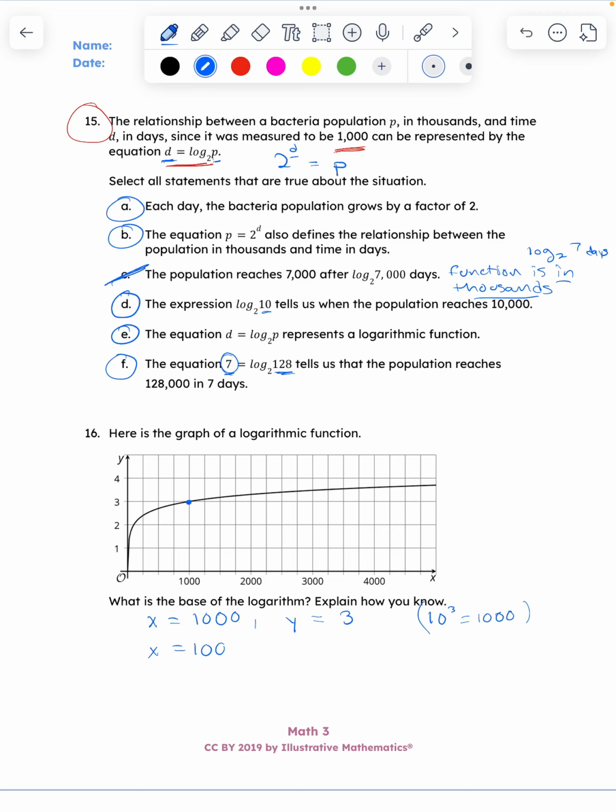So x is 100, so this is 2, 4, 6. Ooh, it's going to be even harder to see, because this is sort of in less than that. So 100 is going to be like less than half of this guy. Oh, which does look like it's about 2. So that confirms for me that I'm looking at a base of 10.